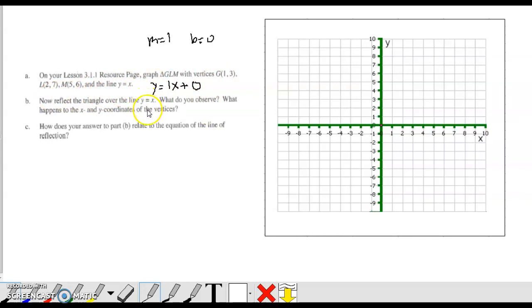All right, if you're coming back from the paused video, what we're going to draw is this image right here. So this will be G, then 2, 7 is L, and then 5, 6 is M. I'm going to connect my points so that we can see our image a little bit clearer.